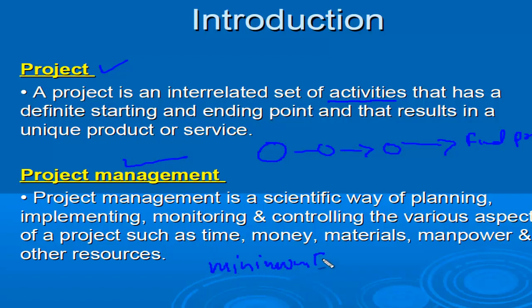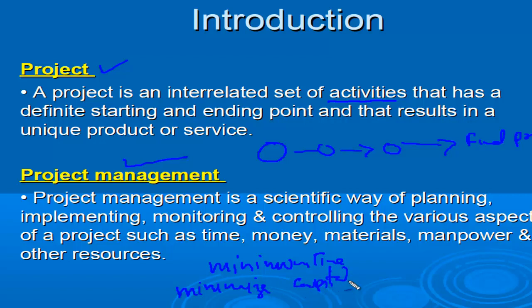Because I told you, in optimization we always try to maximize or minimize something. So we need to complete the project in minimum time, and we also need to minimize the capital investment.